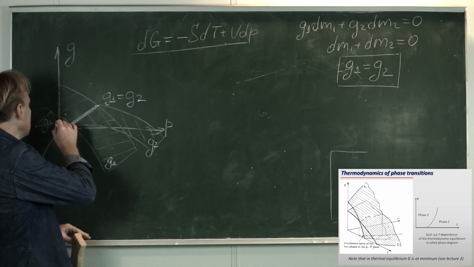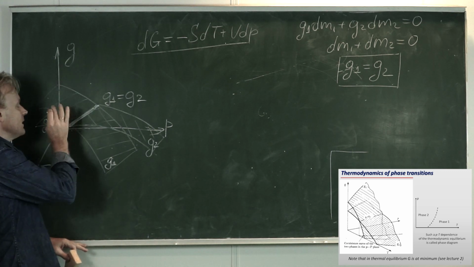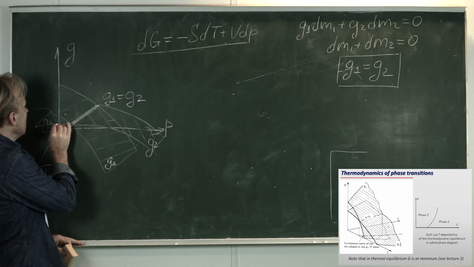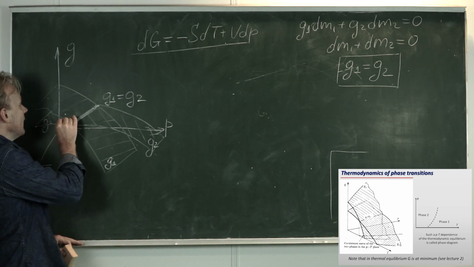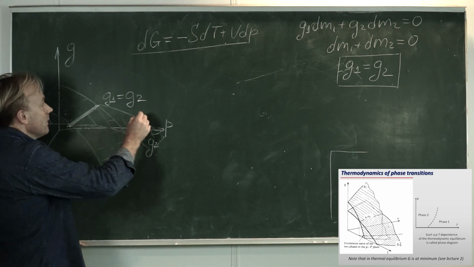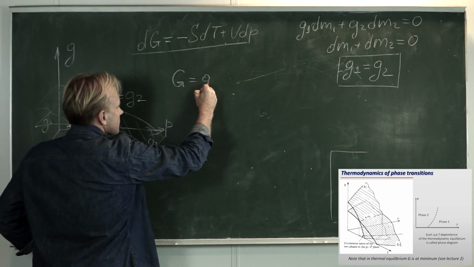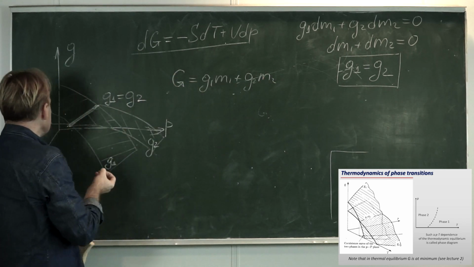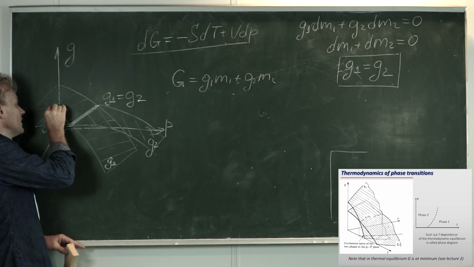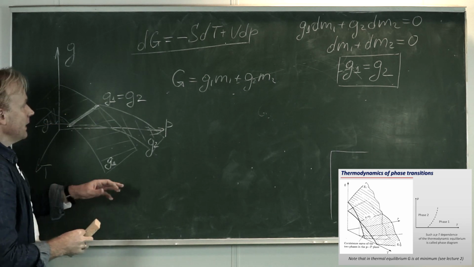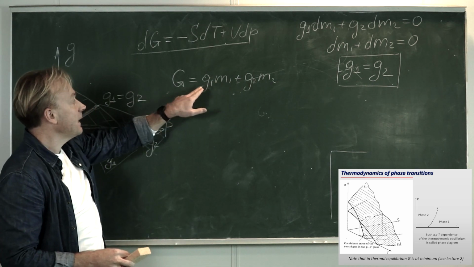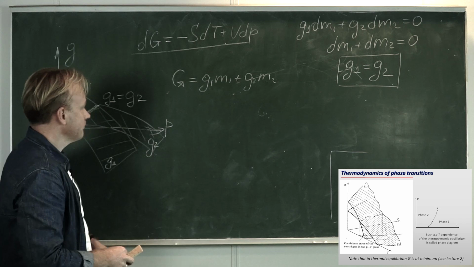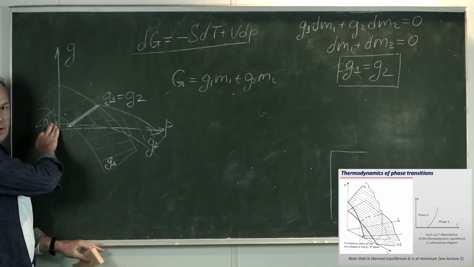So it means that if we are talking about a mixture of these two phases, and the matter in one phase will have a lower specific Gibbs function than the matter in another phase, the requirement for the minimization of the total thermodynamic potential will force the medium to come from state 1 to state 2. If this coefficient is smaller than this one, then in order to minimize this quantity, you will have to transfer more mass into the second phase. And this would be the situation on this side of the diagram.